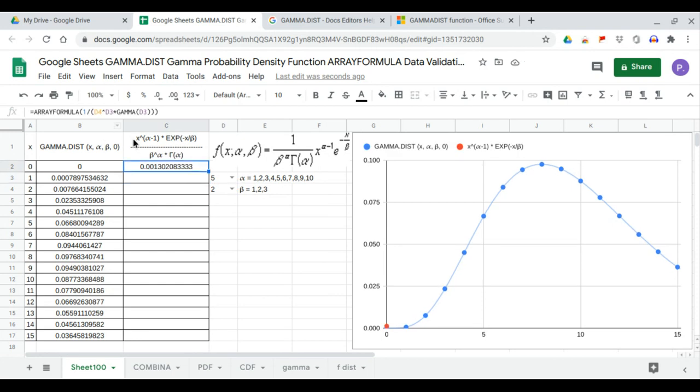Next, we continue. We begin with the first part of the numerator, which is exponent negative x over beta. So exponent, and that's negative x, so minus x over beta.